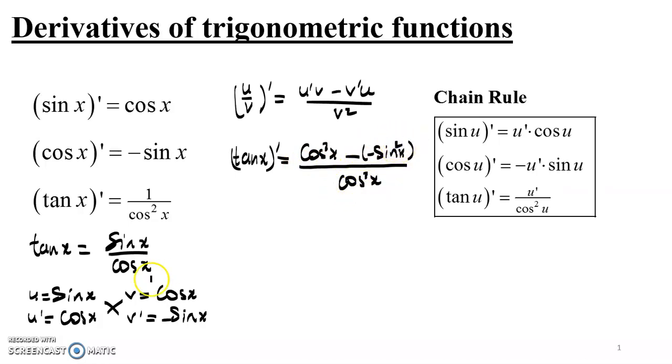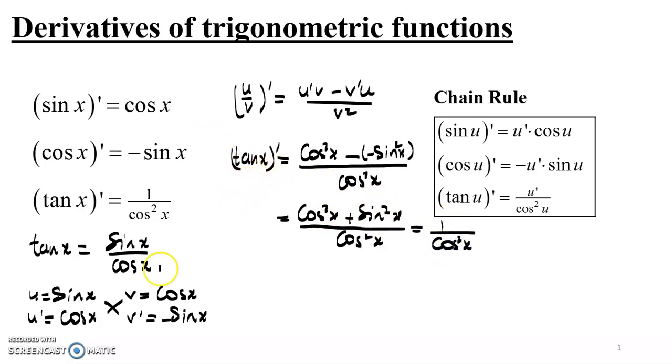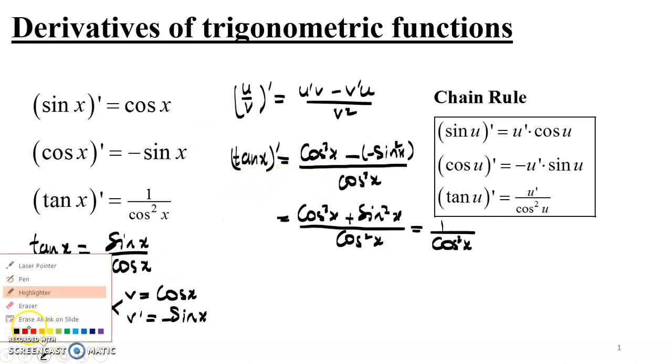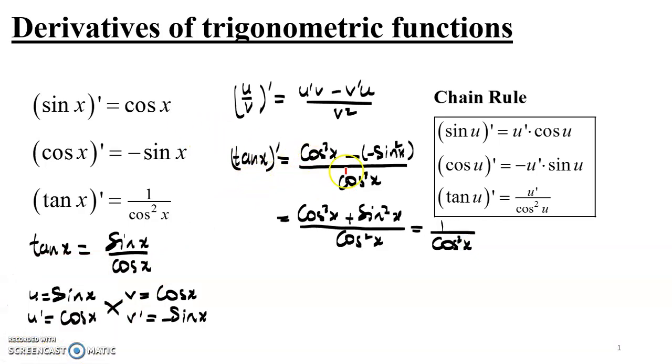Sorry, this is negative sine squared. V prime u is negative sine times sine, so that's negative sine squared. Okay, so at the numerator, we're left with cosine squared plus sine squared, and at the denominator with cosine squared. Now, cosine squared plus sine squared, according to the Pythagorean identity, since we're dealing with the same angle here, is equal to 1, which leaves me with the derivative of tan being 1 over cosine squared.